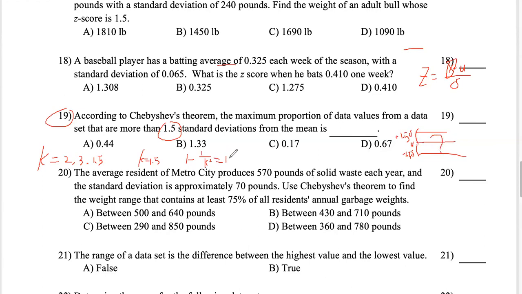So when you plug in 1 minus 1 over 1.5 squared, you should get 1 minus 1 over 2.25. 2.25 is 9 over 4, so it's 4 over 9, and 1 minus that is 5 over 9.